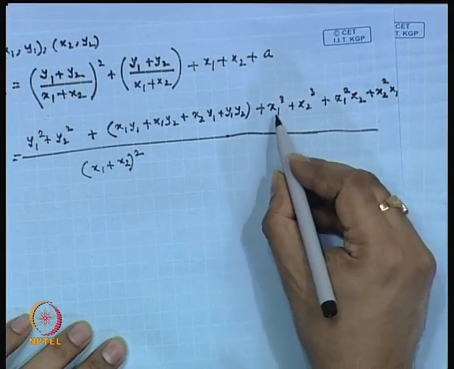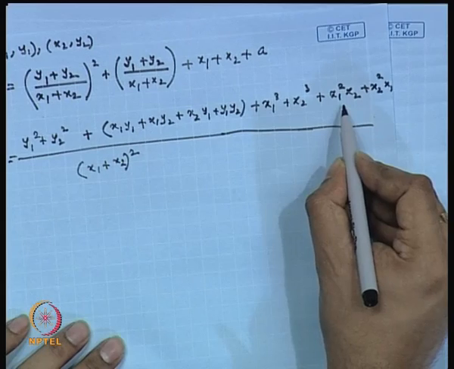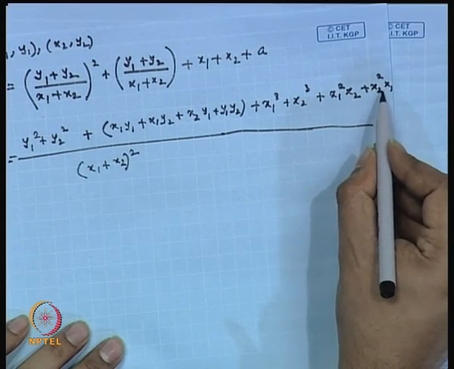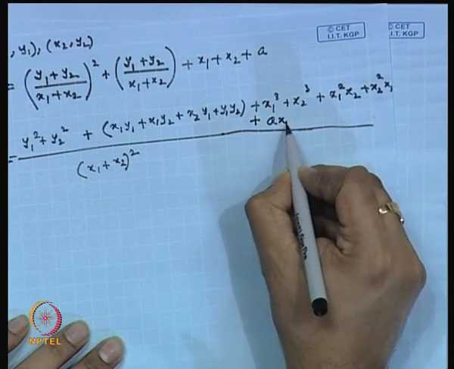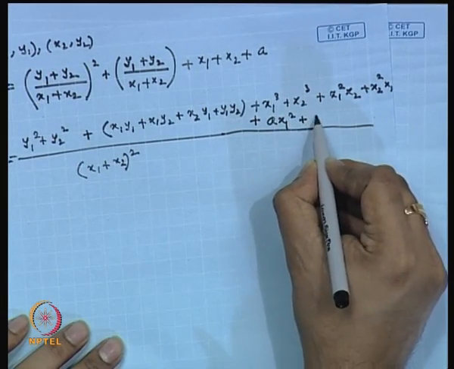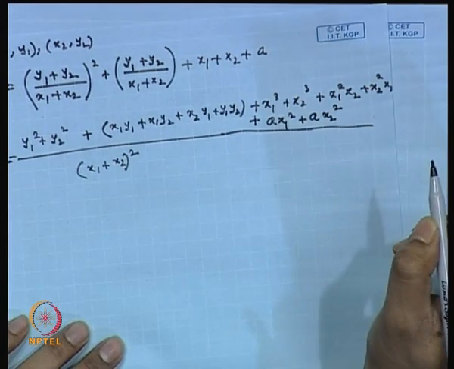Is it correct? We are multiplying this with this, right. So, x1 cube plus x2 cube plus x1 square x2 plus x2 square x1 plus a multiplied with x1 square plus a multiplied with x2 square, right.